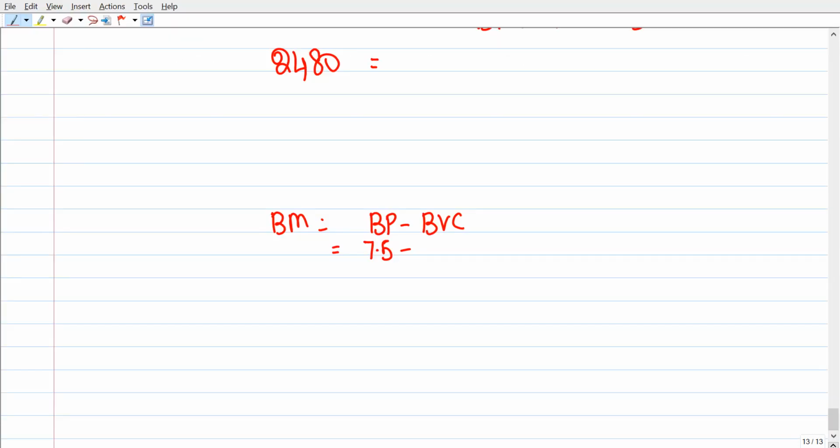Budgeted variable cost 4.4. 7.5 minus 4.4, it's going to be 3.1.